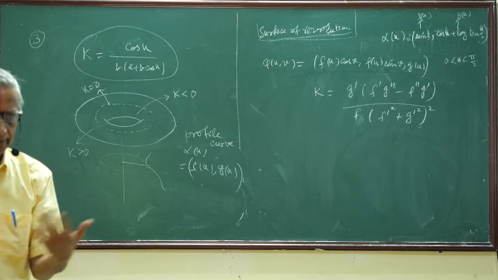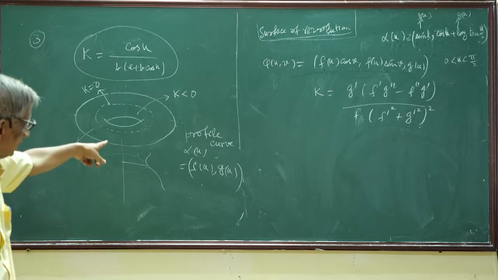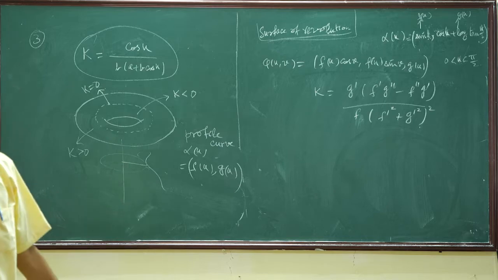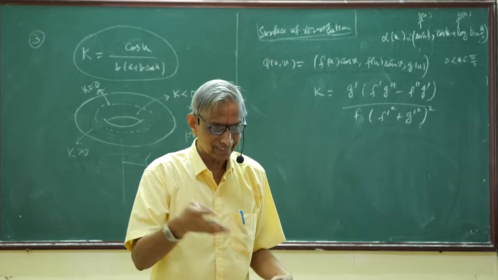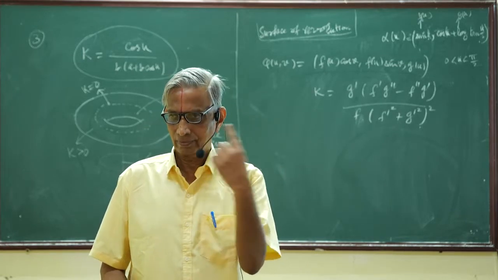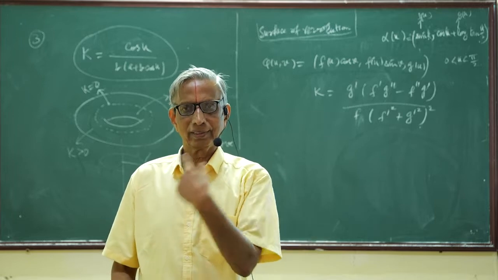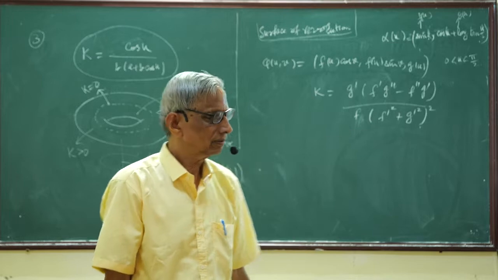Of course, the cylinder is also of this type, where your profile curve is a line. The torus too. How do you get a cylinder? Rotate a vertical line like that.